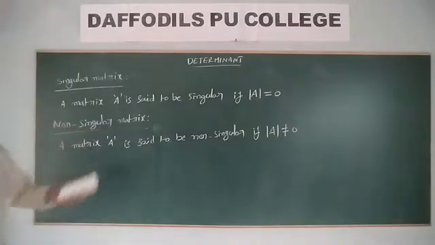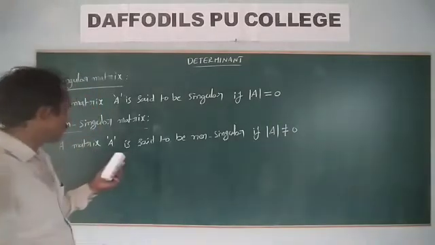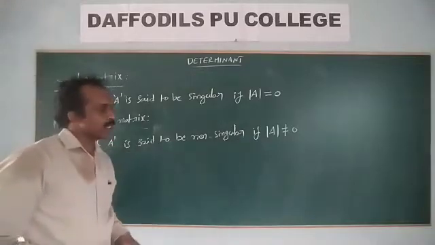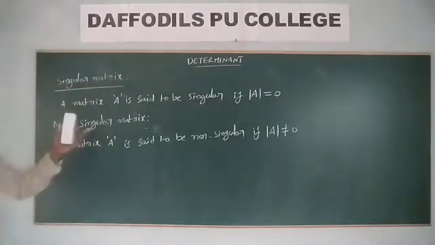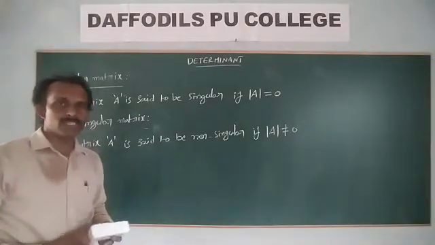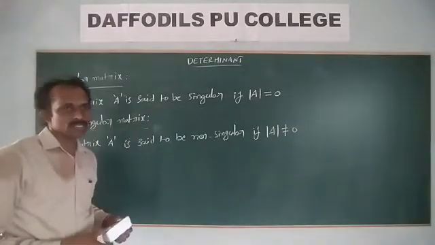So a matrix A is said to be singular if determinant A is equal to 0, and non-singular if determinant A is not equal to 0. These are the definitions of singular and non-singular matrices. In the matrix chapter definitions are important, and here also these are the definitions in the determinant chapter.